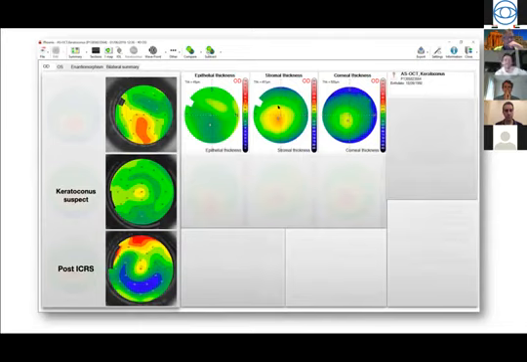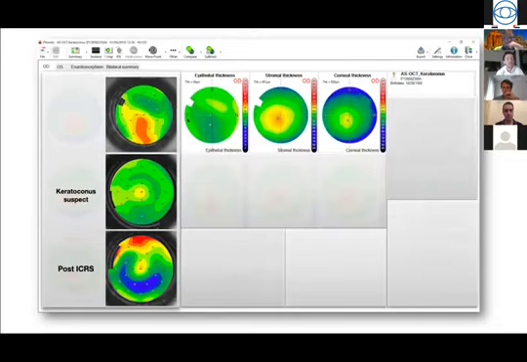Here is something that I want to highlight because people get confused when they see epithelial maps from some other devices, when they started showing the thinnest points as cold colors. So this area that looks a little bit darker, that is a colder color, with this scale is a thin area of epithelium.